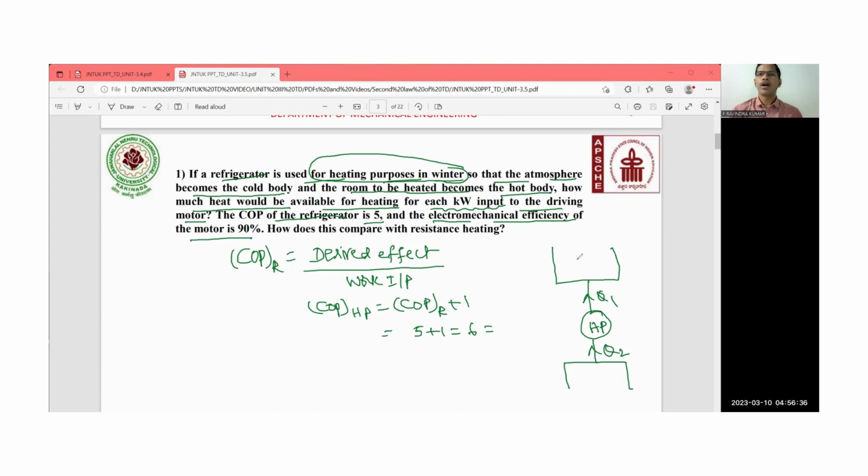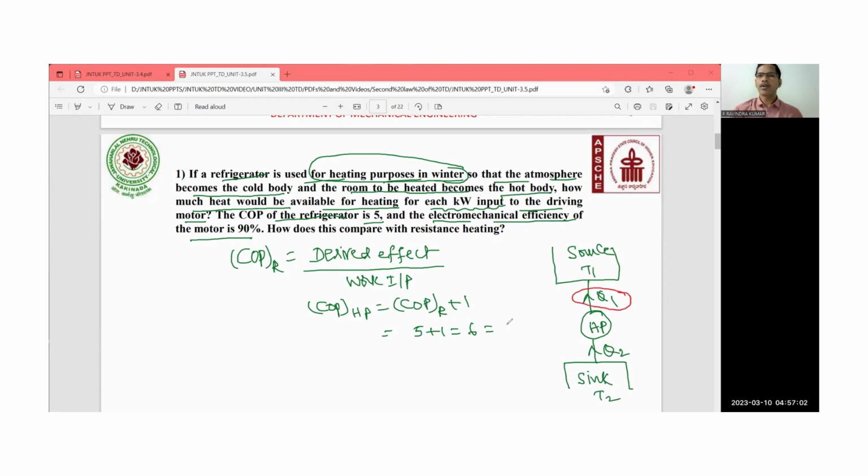So this is the room, right? And this is to be maintained at a higher temperature. So the desired effect. So this is the source T1 and this is the sink T2. So the desired effect for the heat pump is this one, right?